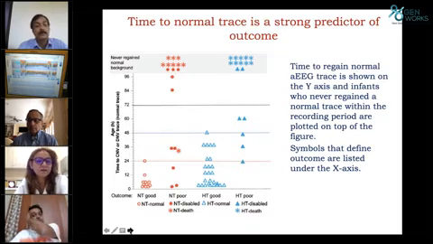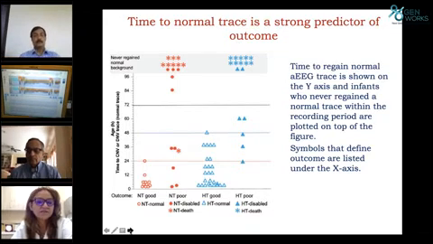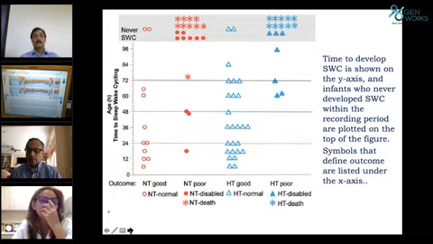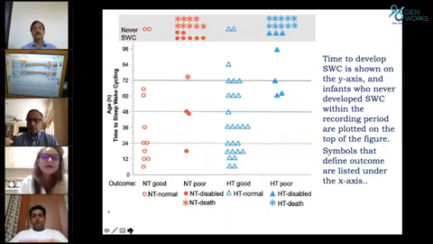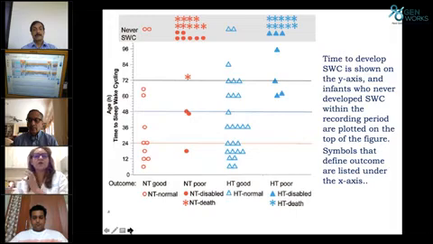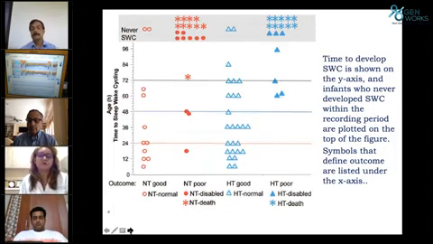The next slide. Okay, then there is the sleep-wake cycling. When is the baby coming back to a sleep-wake cycle? Again, it takes a longer time for the baby to come to a sleep-wake cycle. Especially when the baby is cooled, the auto-regulation of sleep gets more affected, so it will take much more time for the sleep-wake cycle to return.